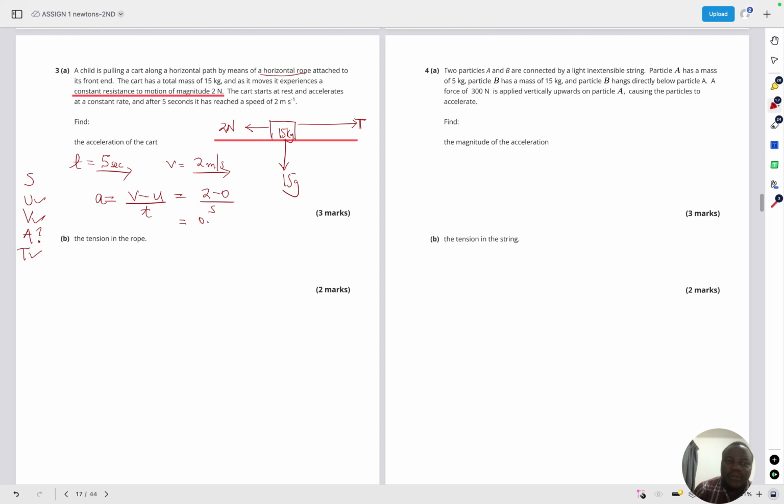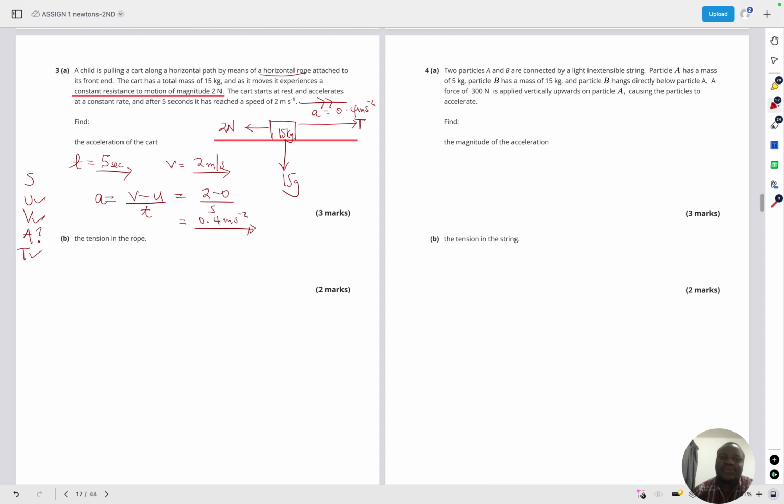So this is the acceleration of this body, moving in that direction with an acceleration of 0.4 meters per second squared.